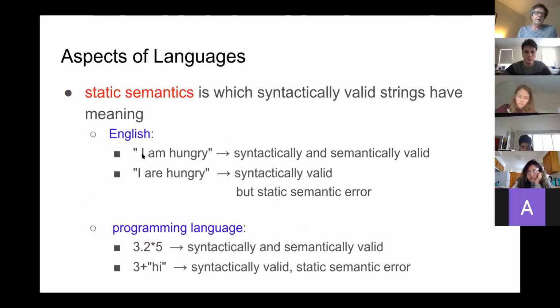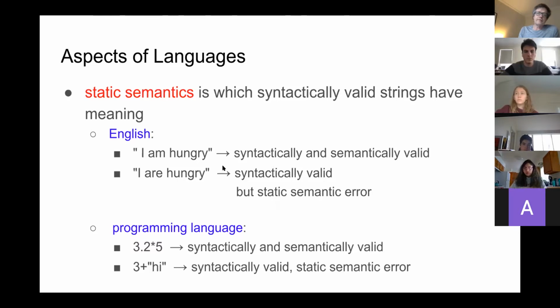So for example, in English, we can say, I am hungry. Turns out this is syntactically correct, but just as importantly, it's semantically valid. It's the right way to do things. Now, maybe somebody who is just learning English might accidentally say, I are hungry. And we'd say, no, you aren't are hungry, you am hungry, right? Because what's going on there, right? So it turns out that this is a noun, a verb, and an adjective.